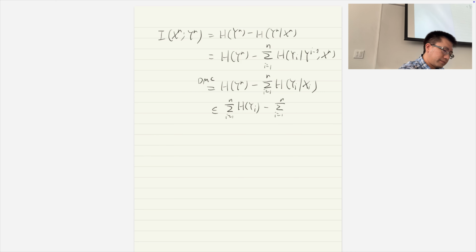And then this is what we get, and here we can combine these two, right? So basically, that is Y given Xi, and this will provide us the mutual information between Xi and Yi.